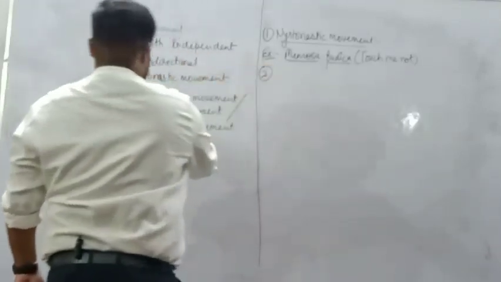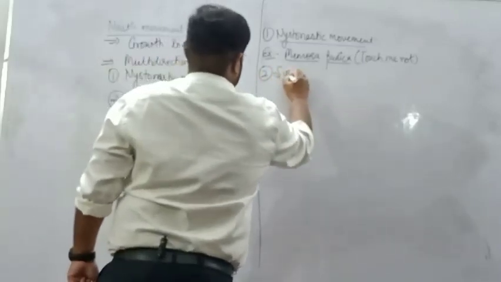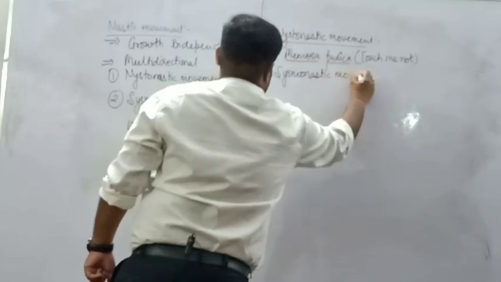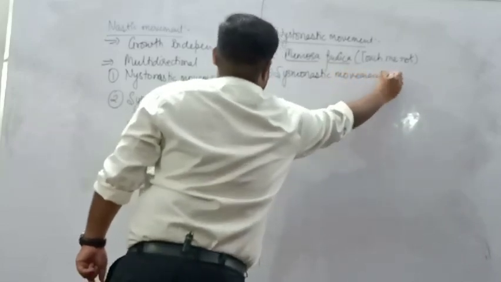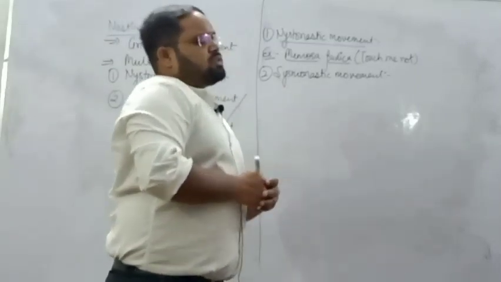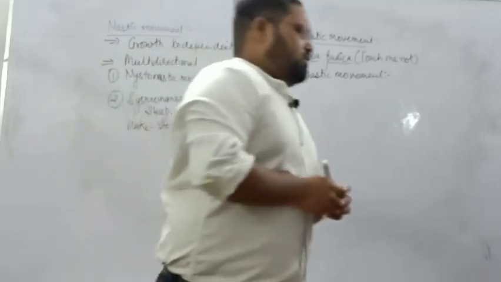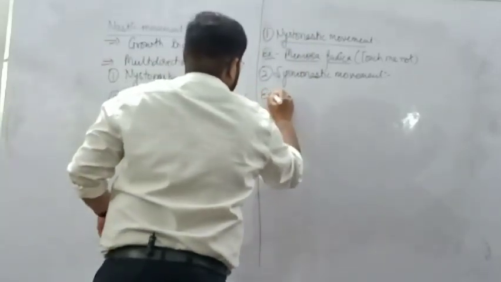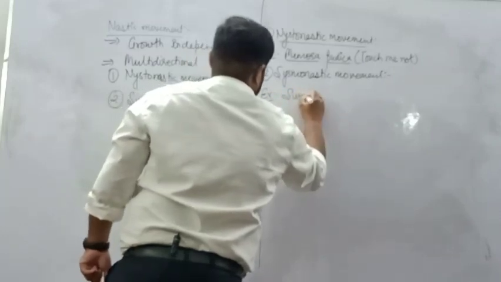Second one is seismonastic movement. It is also called sleep movement, but later I will tell why it is called that, because in seismonastic movement you will learn about sleep movement. Just take it for now. Example is sunflower.